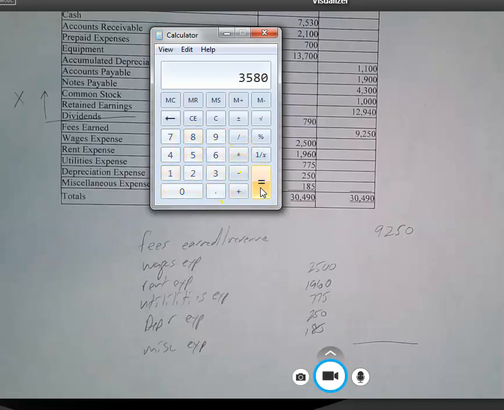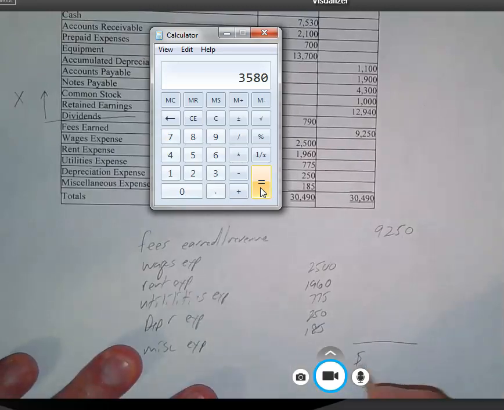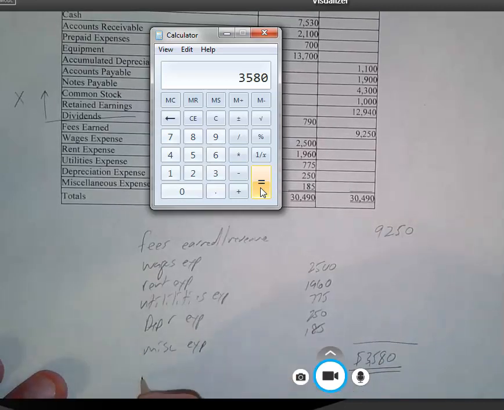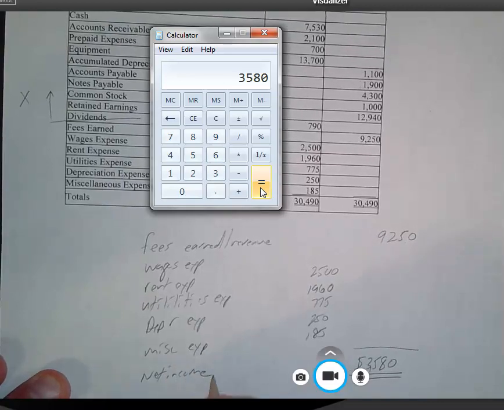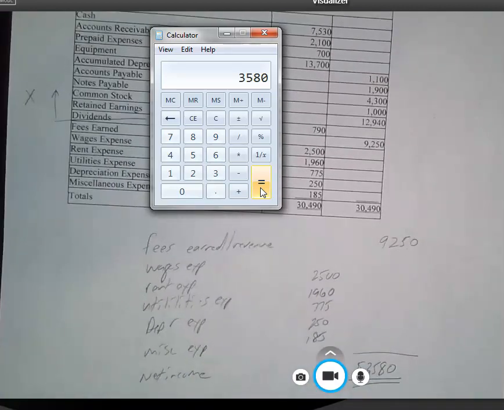And that's going to give us $35.80. And this represents net income. Okay, net income is $35.80.